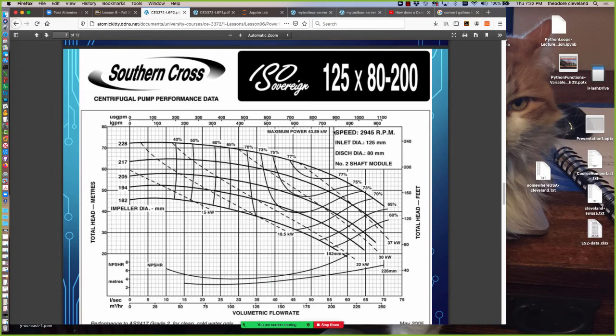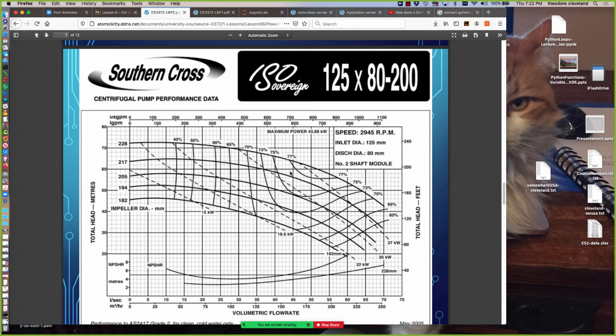Up here in this legend, it's telling us that the speed the pump operates at is just shy of 3,000 RPM, and that's what was used to make these curves. The pump has an inlet flange diameter of 125 millimeters and a discharge nozzle diameter of 80 millimeters. So this pump has a bigger input hole than output hole. And it uses the number 2 shaft module, which is a manufacturer's designation.